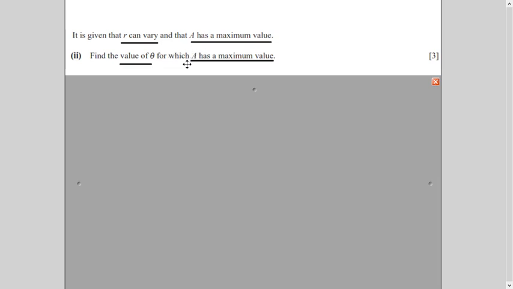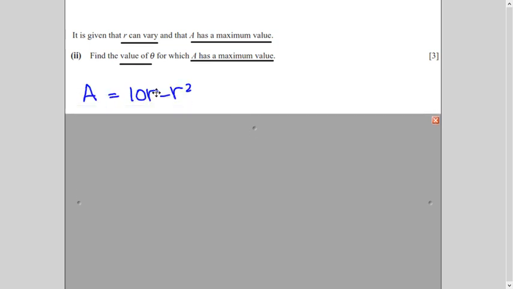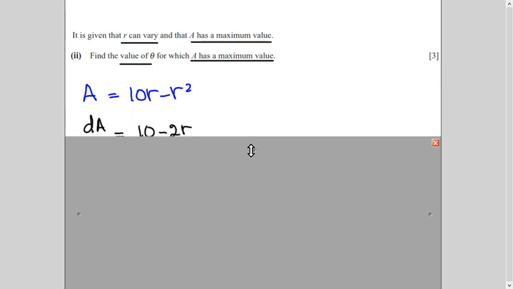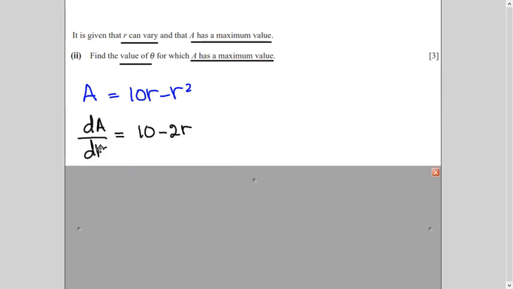So when we say area is maximum, it means we will differentiate the equation of the area, which we have gotten here, with respect to r, and put it equals to 0. Because whenever we are talking about maximum value or minimum value, the rate of change at that point is 0. So when we differentiate area with respect to radius, it will be 10 minus 2r.